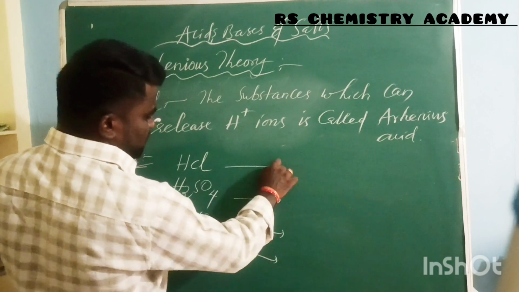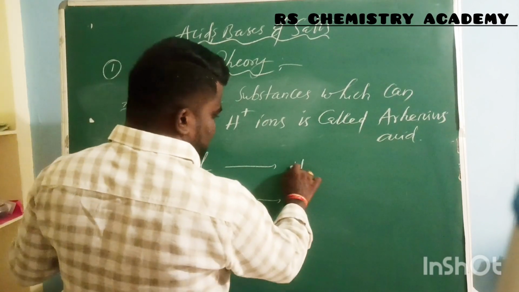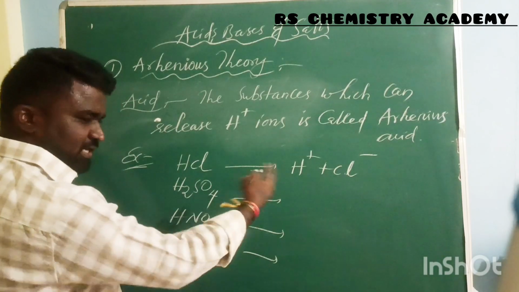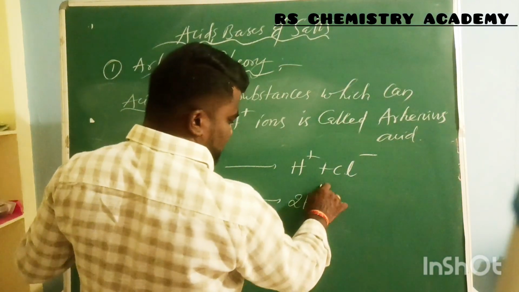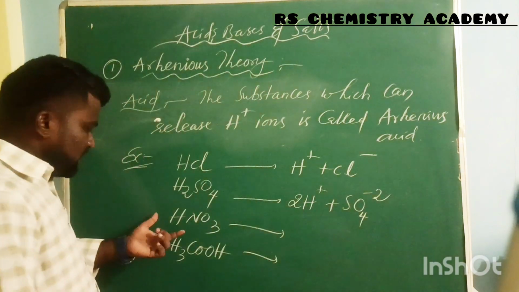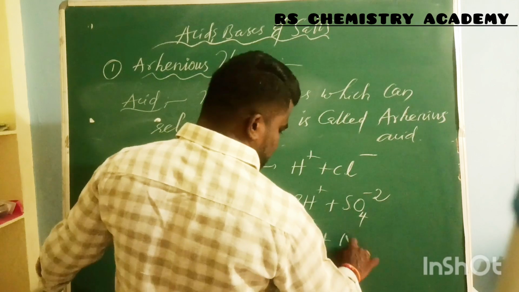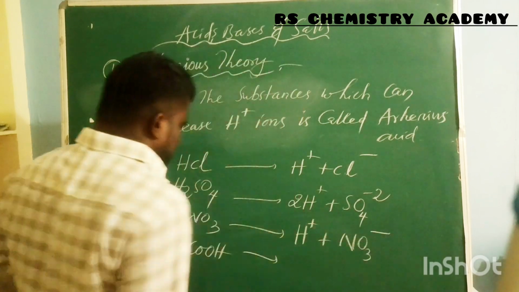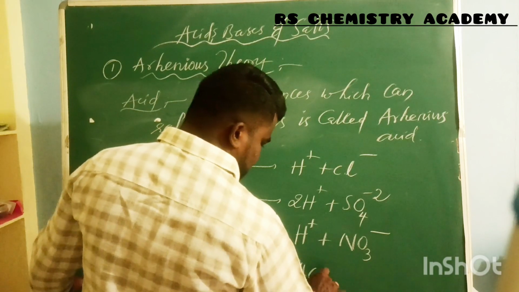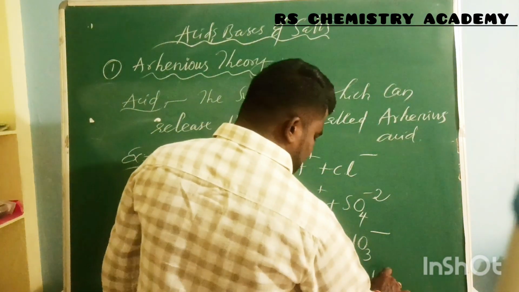When they decompose, HCl decomposes into H plus plus Cl minus, sulfuric acid decomposes into 2H plus plus SO4 2 minus, nitric acid decomposes into H plus plus NO3 minus, and acetic acid decomposes into CH3COO minus, the acetate ion, plus H plus.